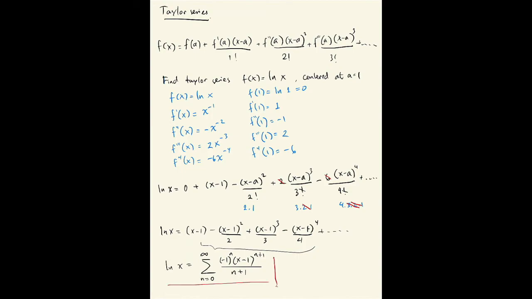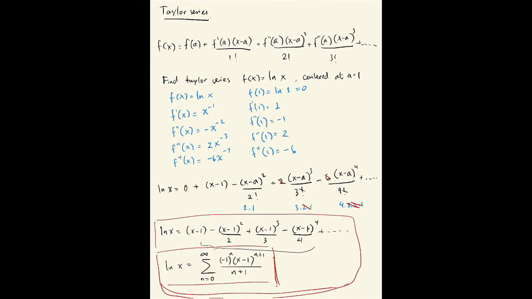If you are centering the Taylor series at a equals 0, that will change into the Maclaurin series. That's the only difference. So the answer will be this whole thing. Sometimes it depends on the question.